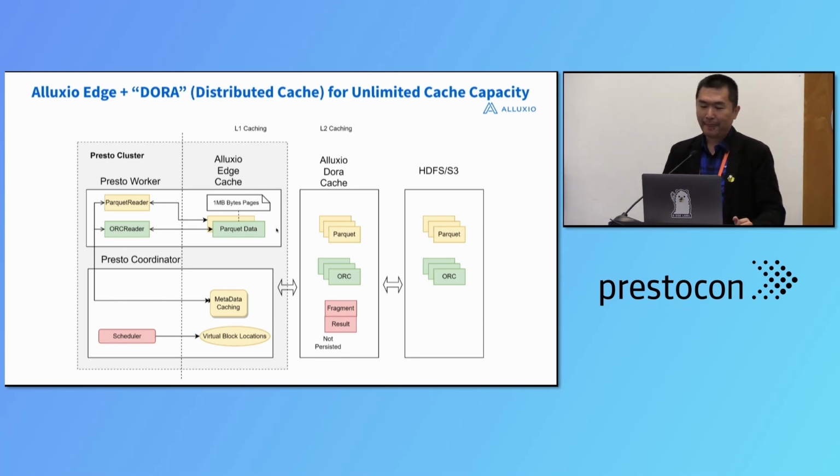You can see the Edge is actually just running in the Presto worker and the Presto coordinator. It's in the same JVM process. As Ho mentioned, now we all use Kubernetes.